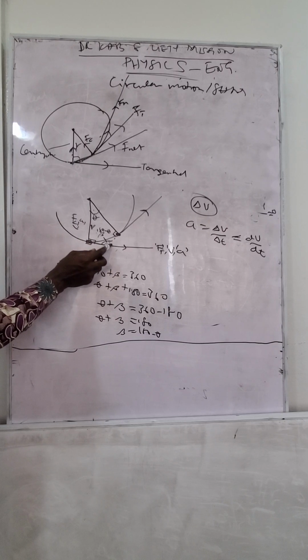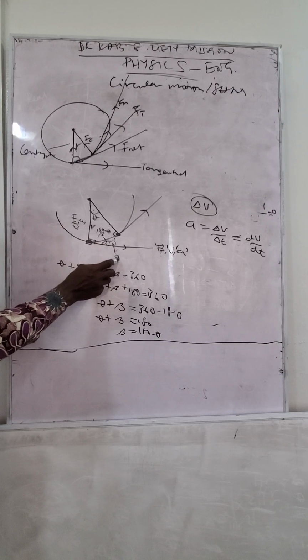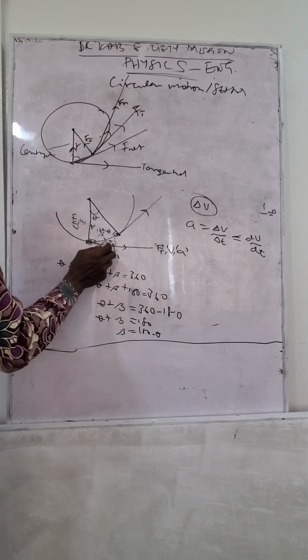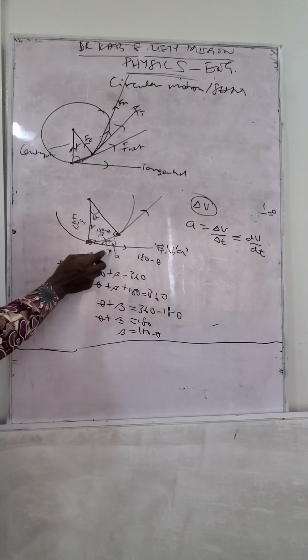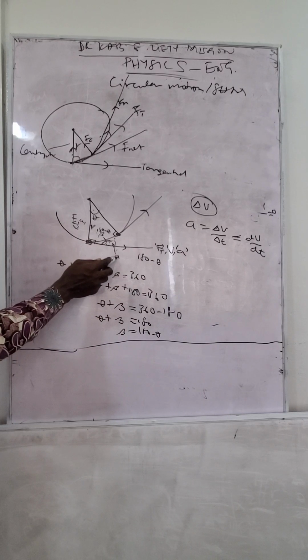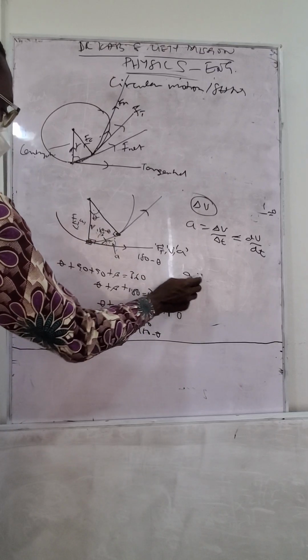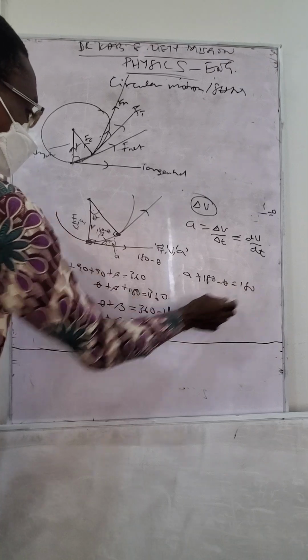So if we subtract this angle from this, we should get this angle, which is, let's say, A. Okay? This angle that we have here is 180 minus theta, and we are saying that this angle is A. You realize that A plus 180 minus theta must also be equal to 180.